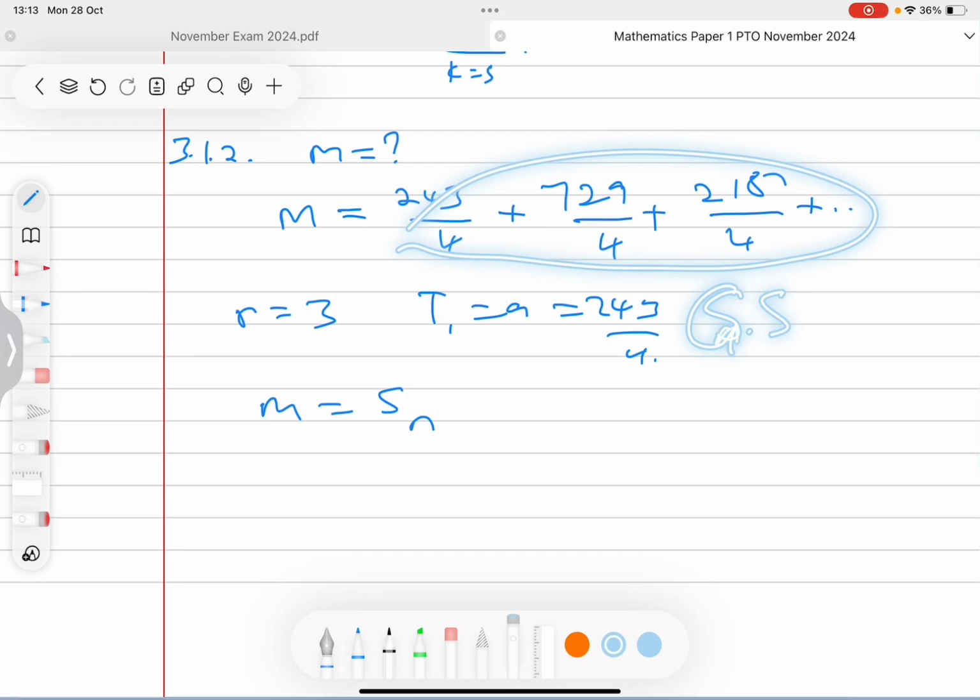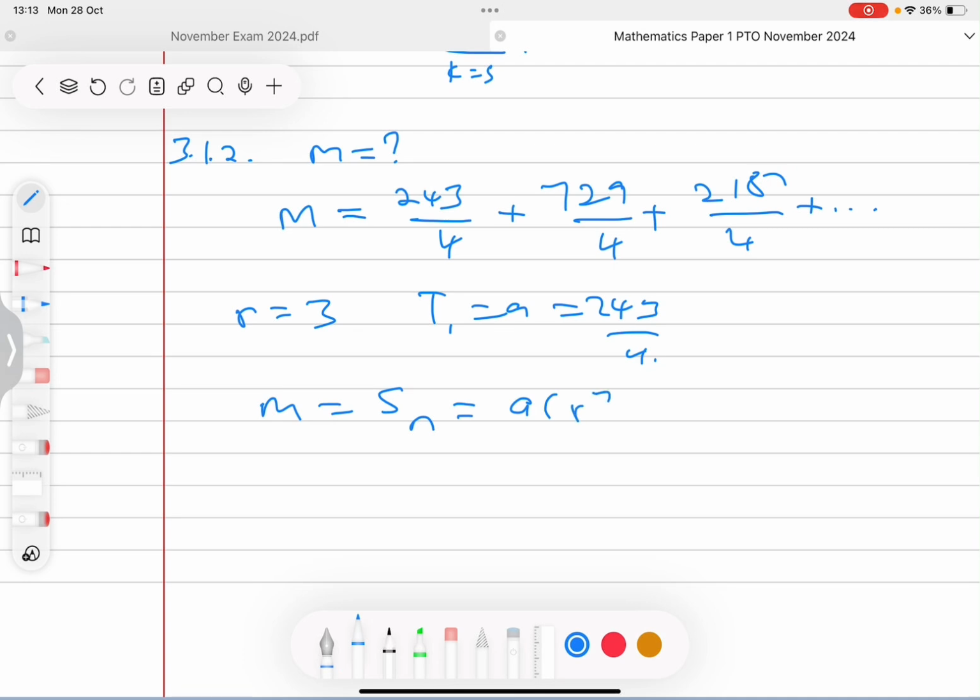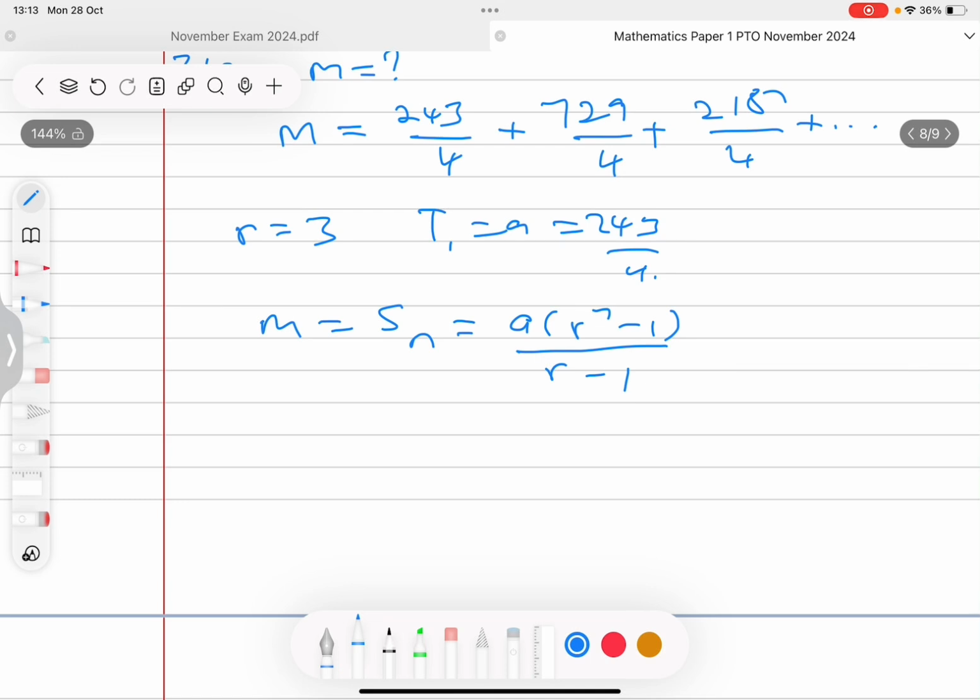So a geometric series is given by a times r to the power n minus 1 all over r minus 1. Now you can go to a formula sheet to get this formula. Now I'm going to substitute here the 243 over 4, 3 to the power 11.